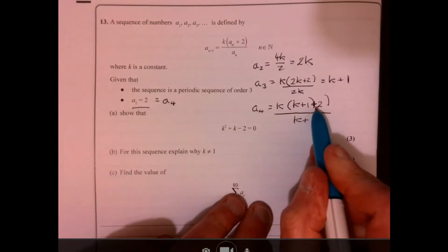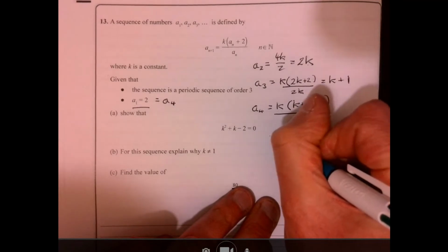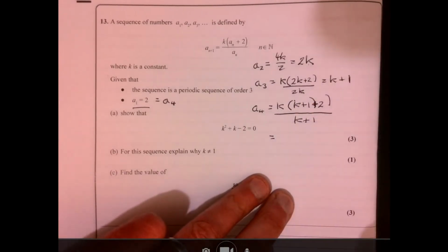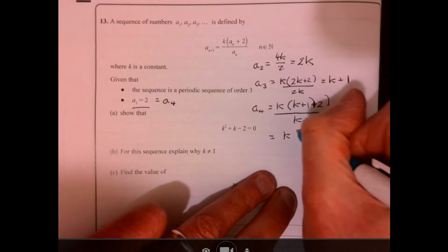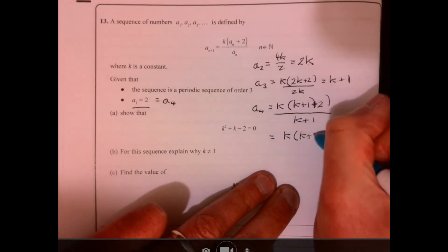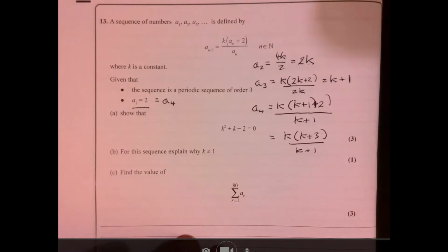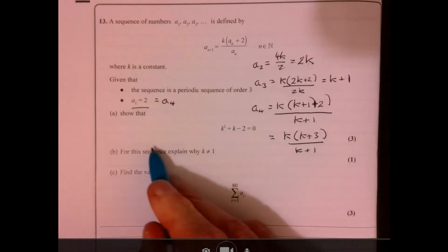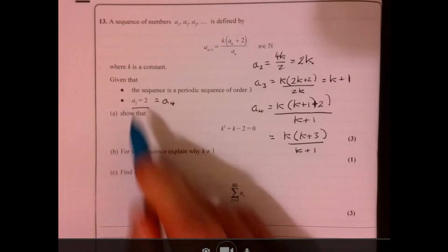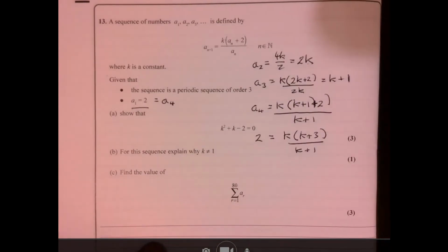If we tidy this up, that's equal to k times k plus 3 over k plus 1. Now, what do we know that this is equal to? Well, it's equal to A1, so I can write that it's equal to 2.